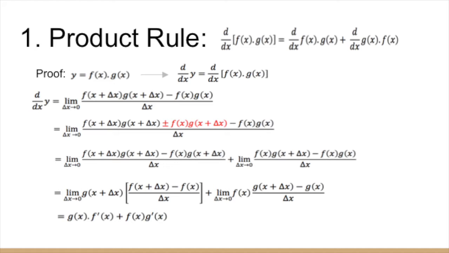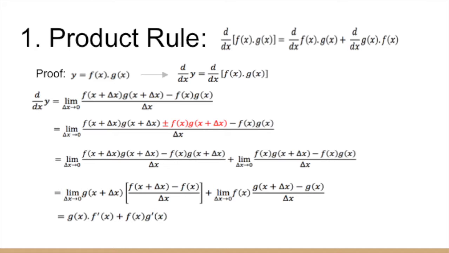To prove this, we use the definition of the derivative on the product. First, we need to manipulate things a little to get the proof going by adding and subtracting f of x times g of x plus delta x to the numerator. Then, we can break it into two pieces, factoring g of x plus delta x for the first piece and f of x for the second.